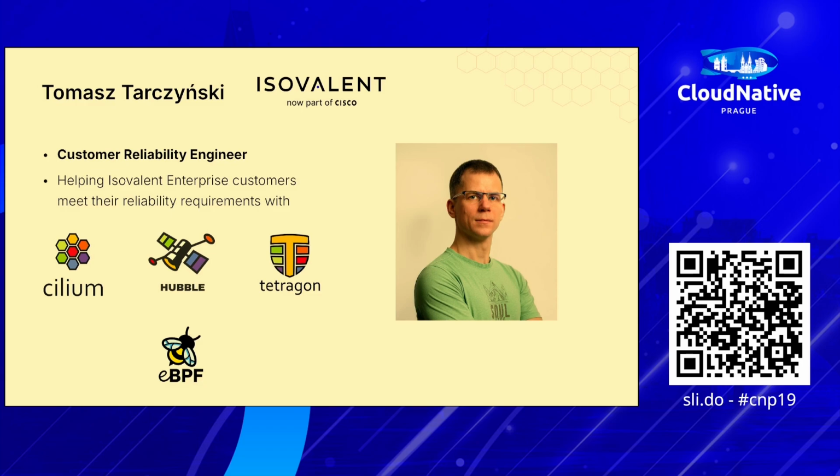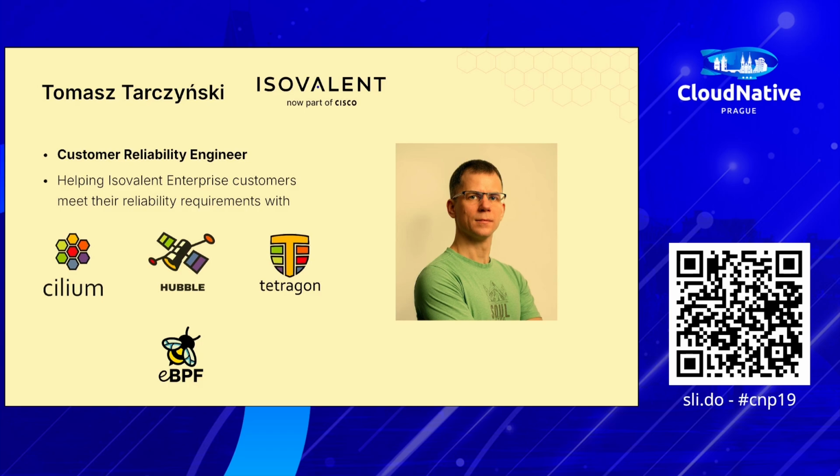My role with Isovalent is customer reliability engineer. So I work directly with the customers using Isovalent enterprise products, and I help them to meet their reliability requirements. So how to make sure their network in their Kubernetes cluster or clusters is really reliable.